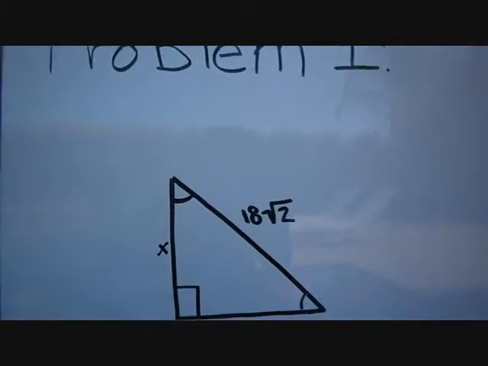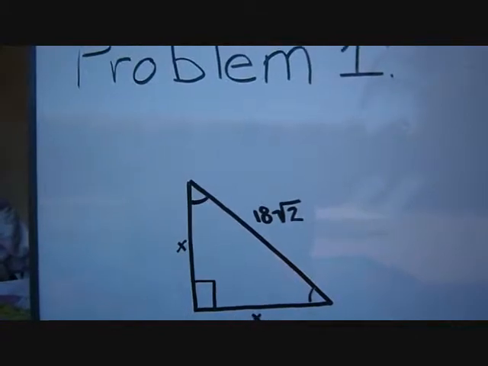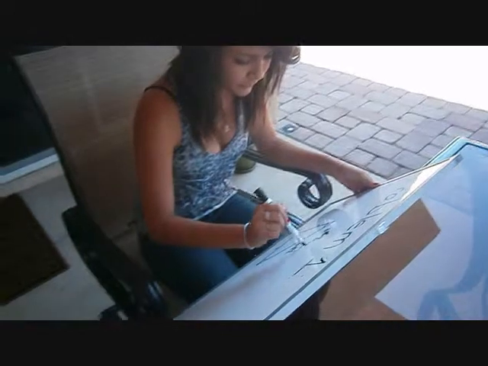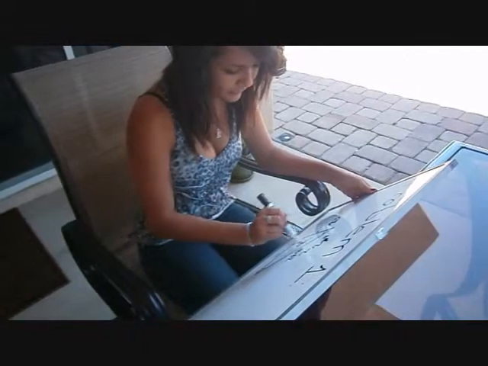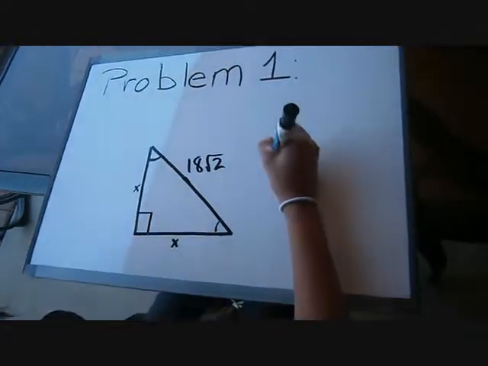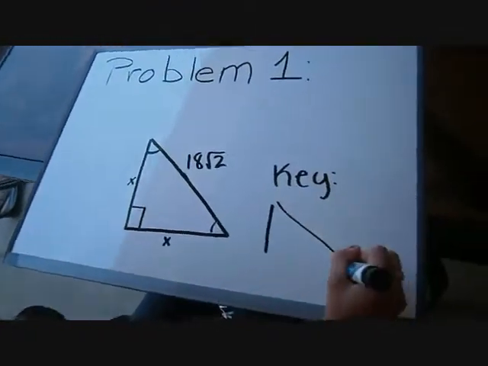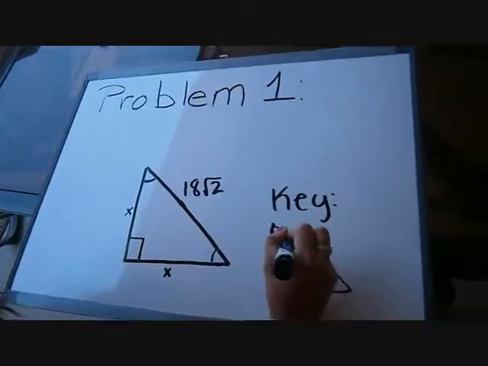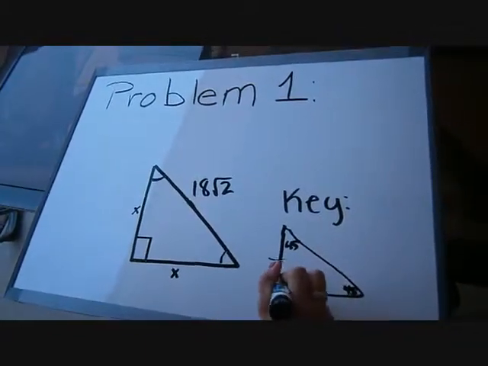This is the first problem. In this 45, 45, 90 triangle, Katherine will have to solve for x. Okay, so I'm going to make my little key here, where here's the 45, 45, 90 triangle, and then this is 45, this is 45, and these are congruent, and then this is the 90.